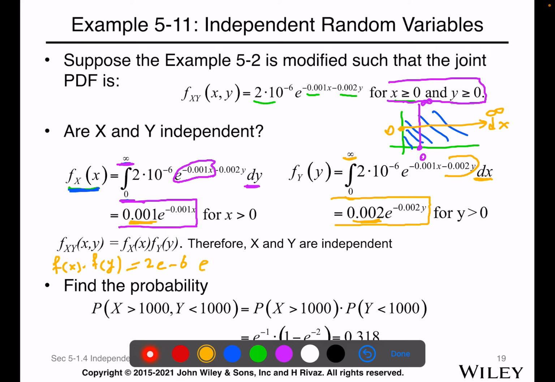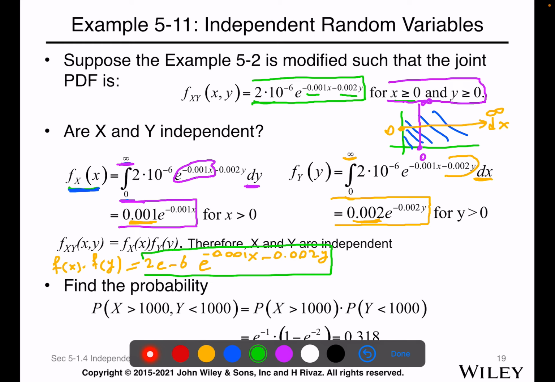And then e to the minus 0.001x minus 0.002y. When we check this with the original joint PDF, they are exactly the same thing.